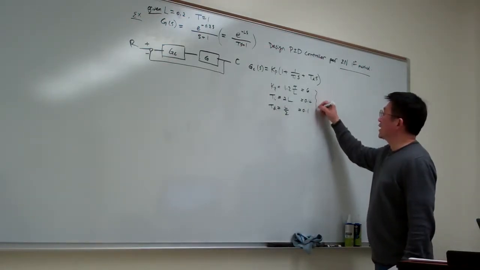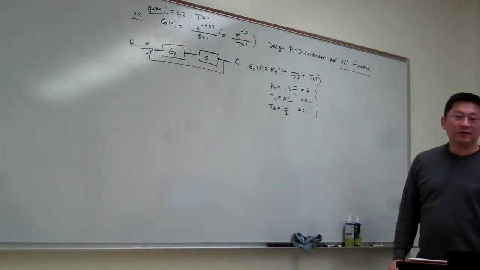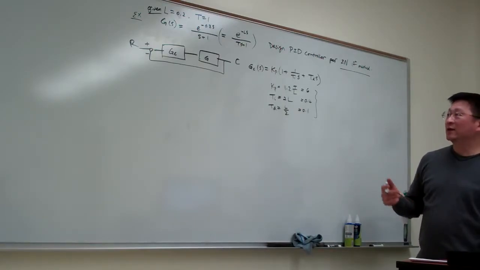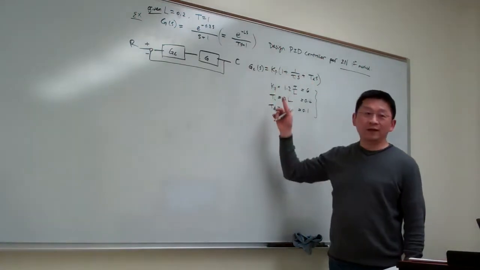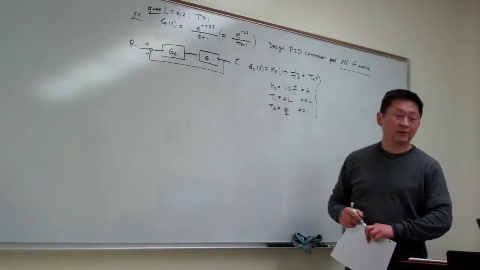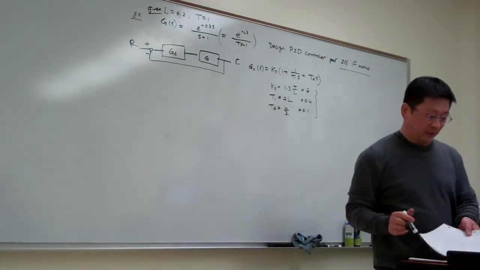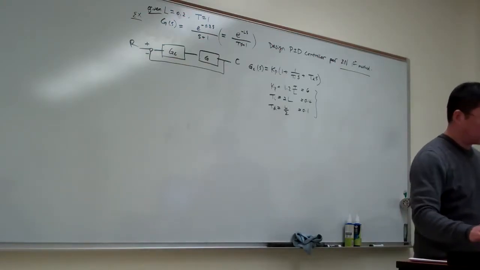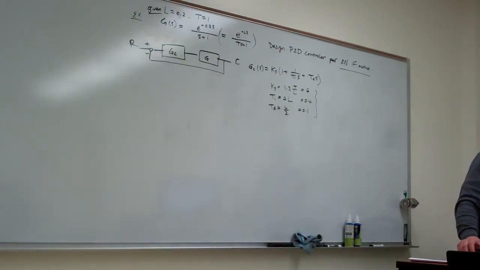So that is our design. Then we can compare the time response to a unit step input for the original and the controlled system. We see what happens. At this moment, probably you can begin to imagine how you can implement this.